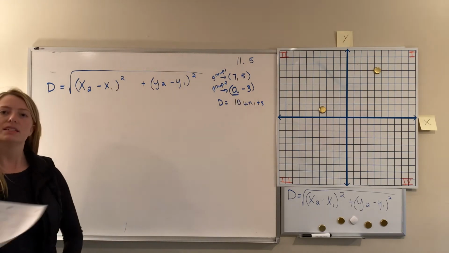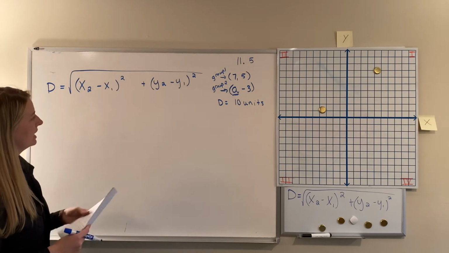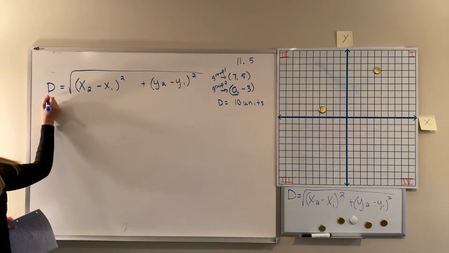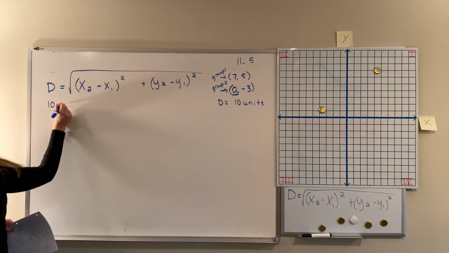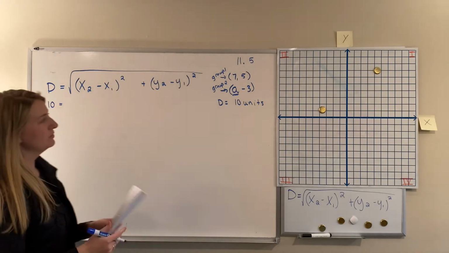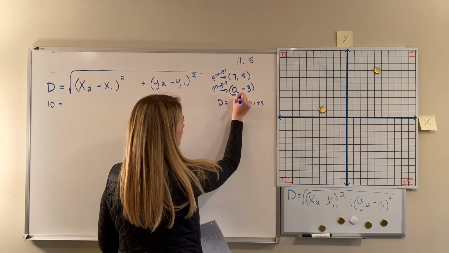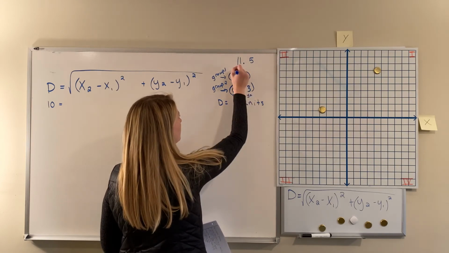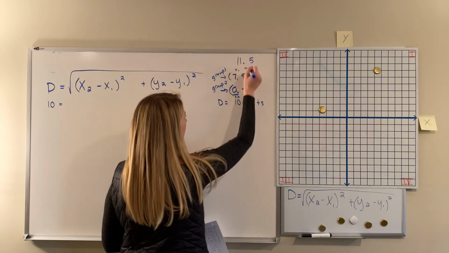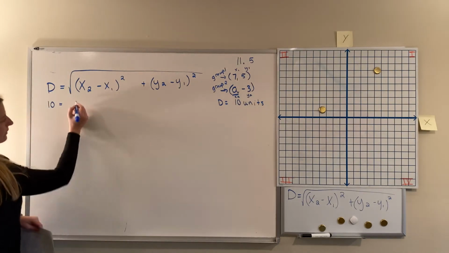So step 1, take all the information they give you and plug it into your formula. I know distance is equal to 10. X2, well, that's my unknown value, right? Because I said this is group 2, so this represents X2, Y2, X1, Y1. But that's okay, I'm going to plug it in anyways.